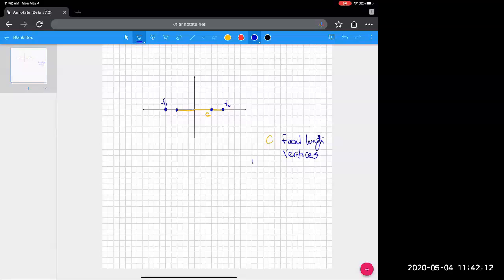And so C is the distance. C is the focal length. And so usually we have A to represent the length from the center to one of the vertices.